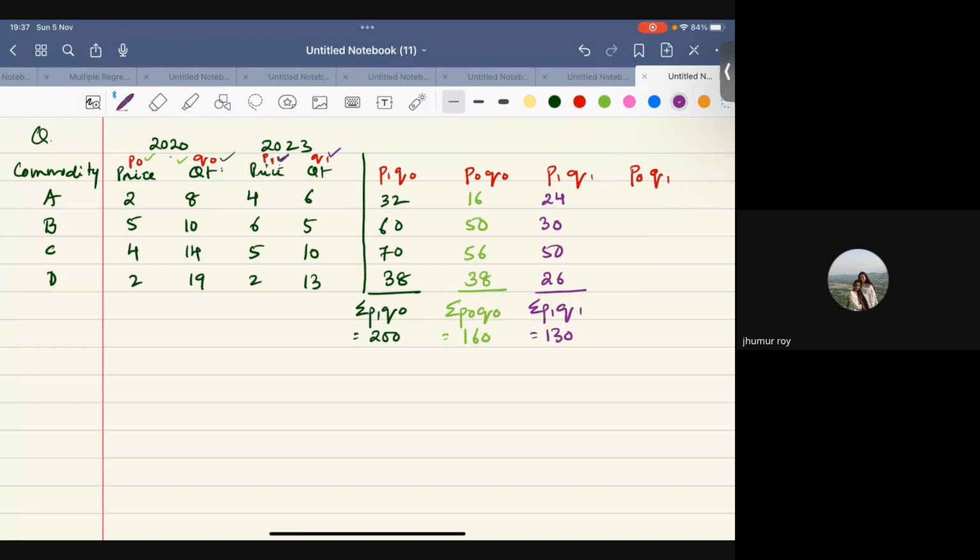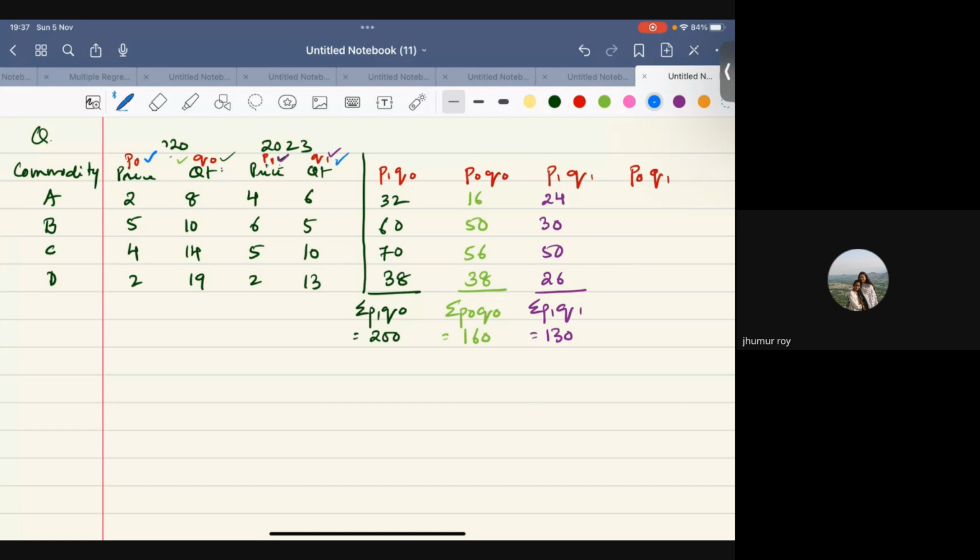Last is taken as P0 Q1. Sorry, this is P0. So we will be taking these two values. So this is P0 into Q1.